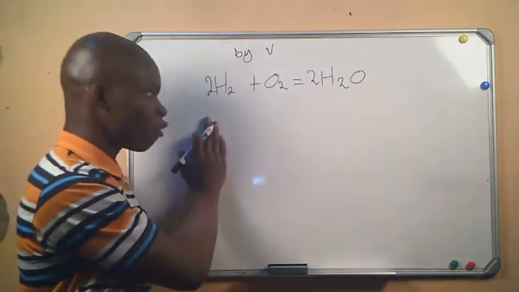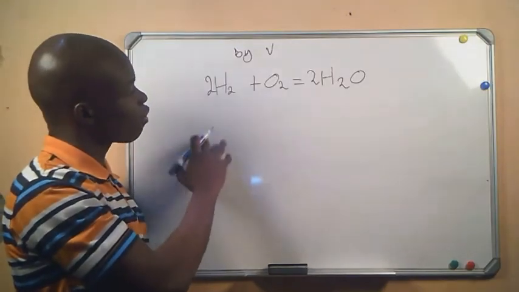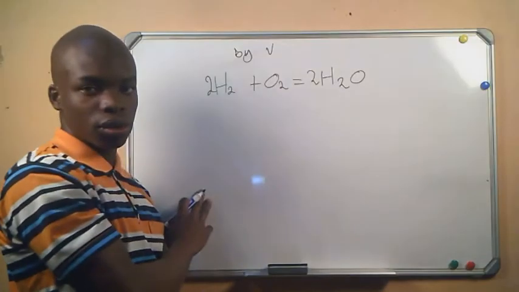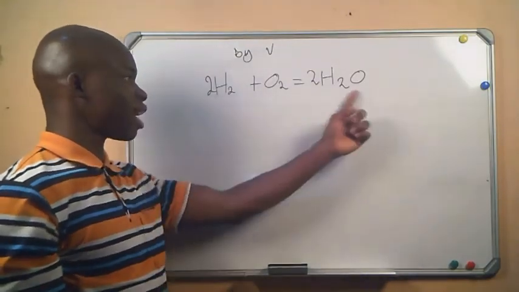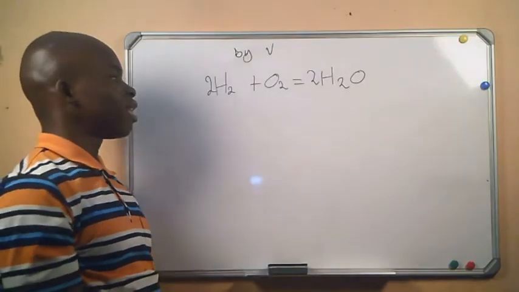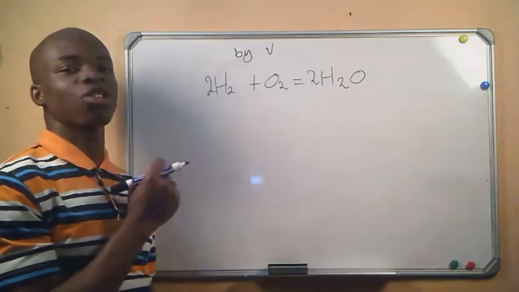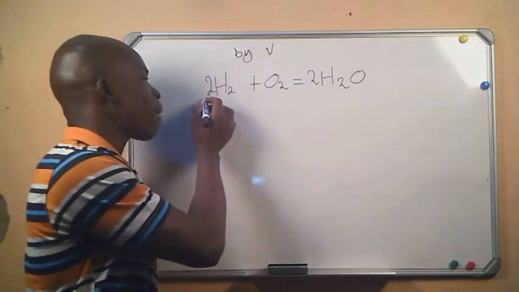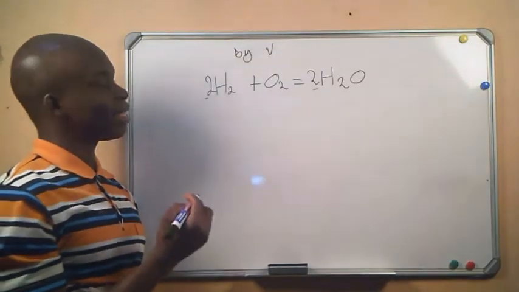So first of all, with both the volume and the mass, the first step that you must do is to balance your equation. We have already done that. Our equation is balanced. Now, with volume, we no longer use the atomic masses, but we will use the number of molecules in the system.